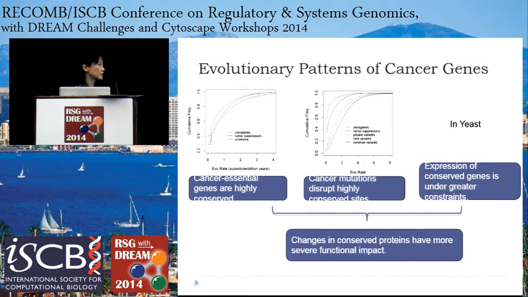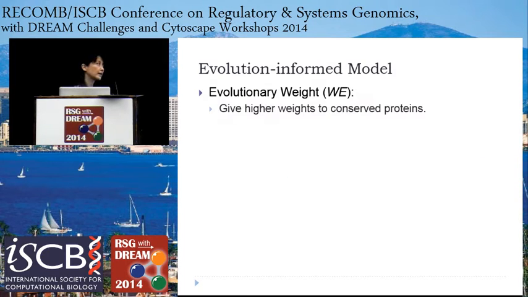And all this conservation comes down to one thing: if the changes affect conserved genes, then the functional implication is more severe compared to changes that affect variable genes. This knowledge, when I use it in modeling, translates into a very simple idea, which is that I would like to give higher weight to proteins that are more conserved.